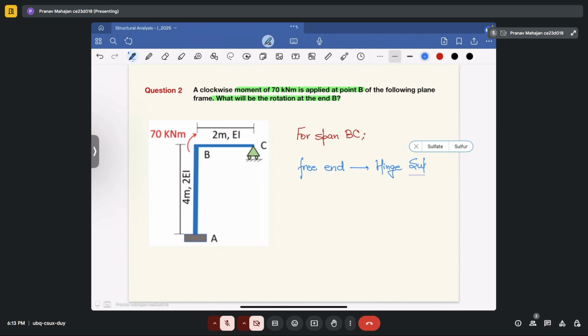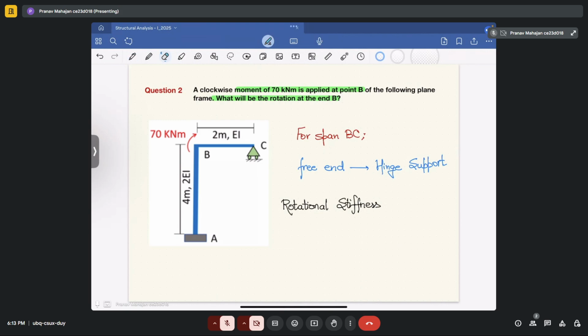In this condition, how do you define rotational stiffness? It is the amount of stiffness that is required to produce unit rotation. That is how you define the rotational stiffness.